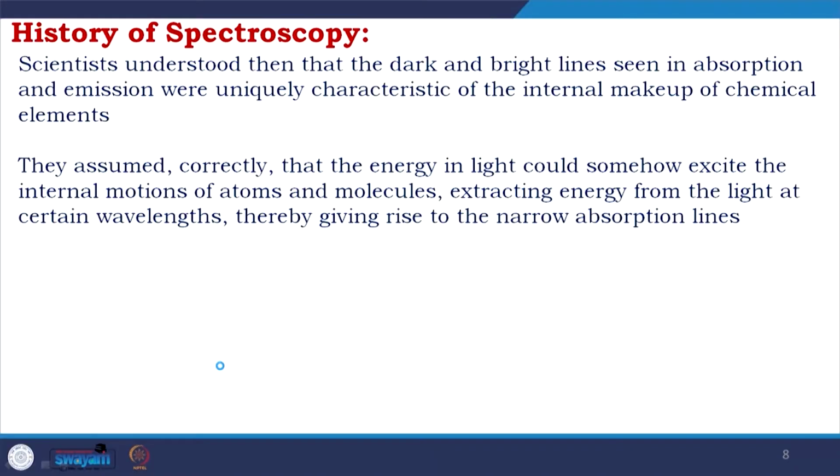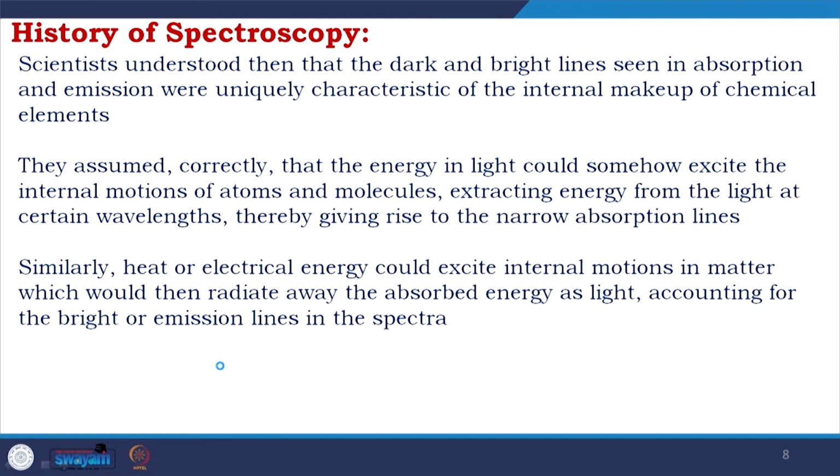At that time scientists assumed correctly that the energy in light could somehow excite the internal motion of atoms and molecules, extracting energy from the light at certain wavelengths, thereby giving rise to the narrow absorption lines. That is where a very correct direction takes place towards modern spectroscopy.